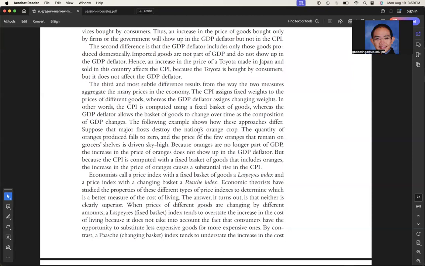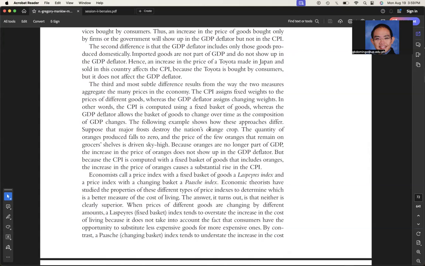Where does it say here? Let me just find the sentence: the GDP deflator allows the basket of goods to change over time as the composition of GDP changes. Here.